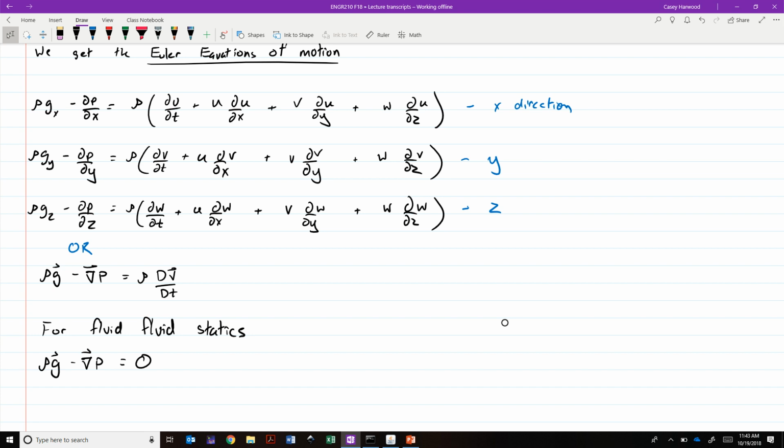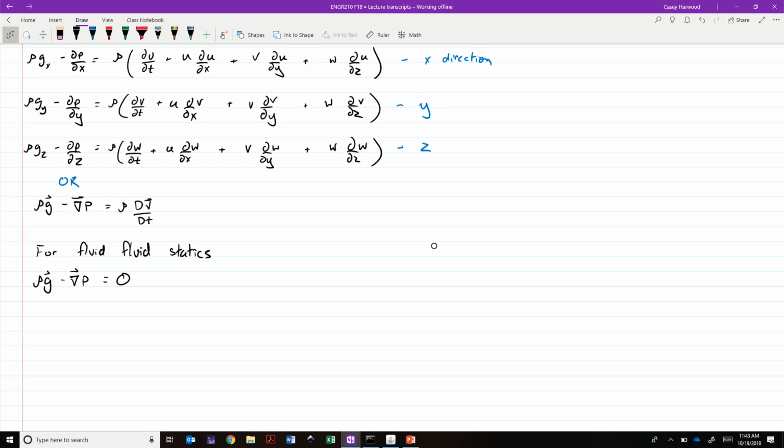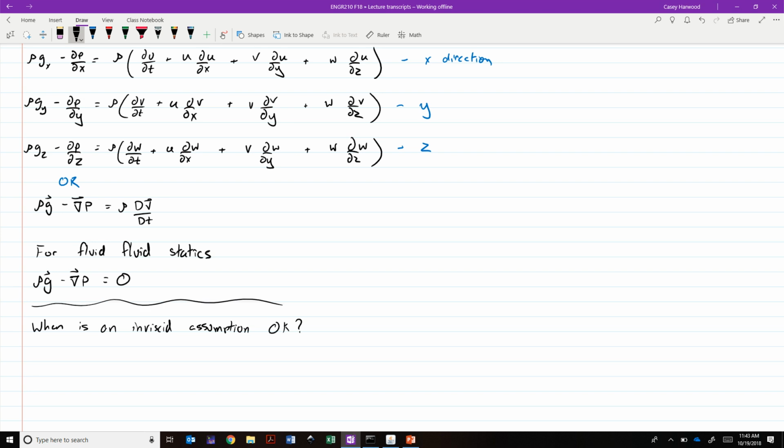So that begs the question, when would we want to use the Euler equations? When do these actually kick in? All fluids are viscous. This idea of an inviscid fluid is fictional.